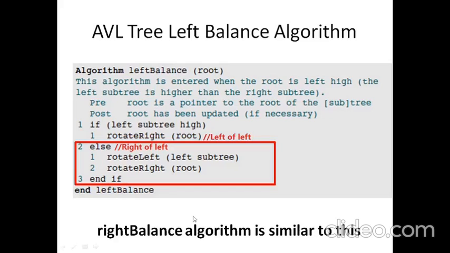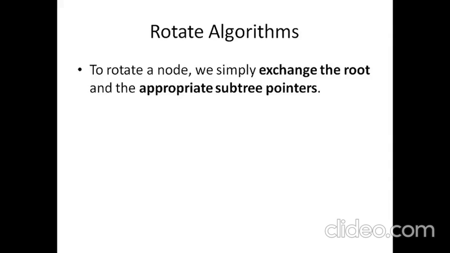Now the rotate algorithms. We have mentioned here that rotate left and rotate right need to be done. Then how do you do it? For that we have got the algorithm. To rotate a node, we simply exchange the root and the appropriate subtree pointers. This we already saw in the demonstrations in the previous video lecture, how to rotate a subtree towards the other side.